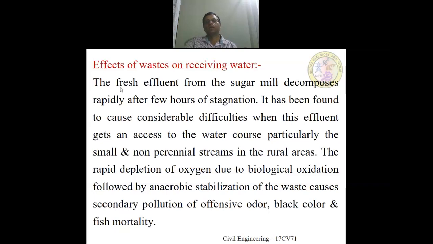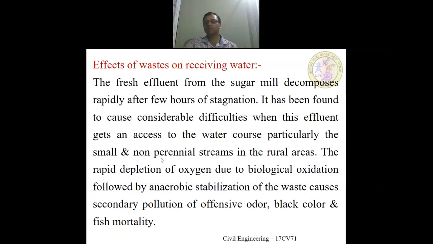So what will be the effect of this waste on receiving water? The fresh effluent from the sugar mill decomposes rapidly after a few hours of stagnation because aerobic decomposition is going to take place. It has been found to cause considerable difficulties when this effluent gets access to the watercourse, particularly the small and non-perennial streams in the rural area.